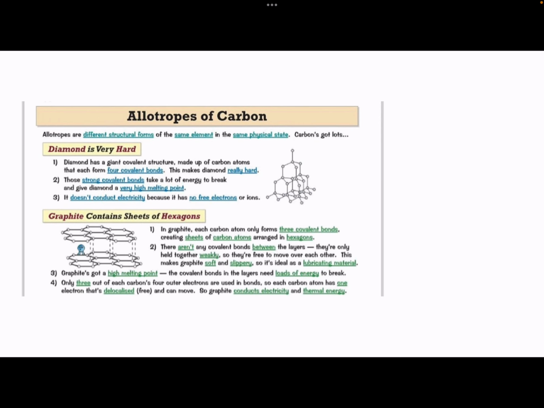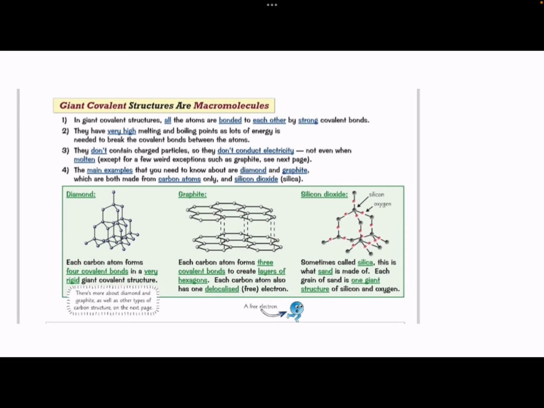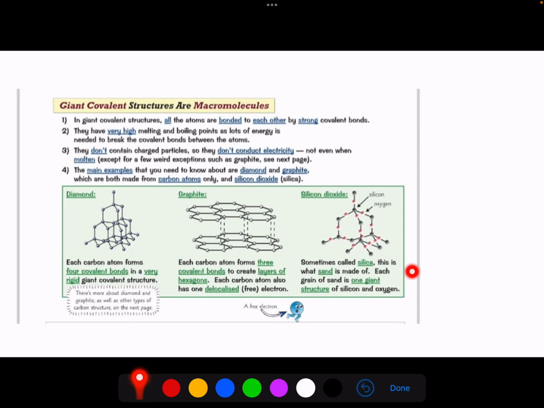Before I move up to graphite, I want to give a hint about silicon dioxide, because this structure, guys, is very similar to diamond. So am I expecting strong covalent bonds as well? 4 strong covalent bonds? Yes.